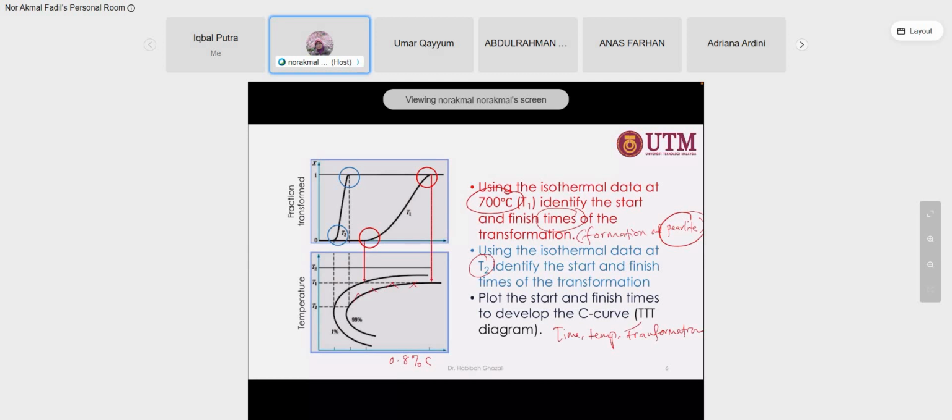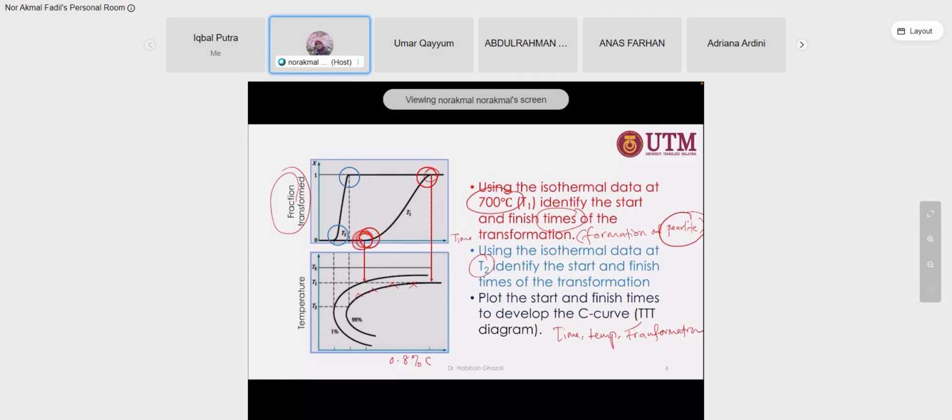So the beginning of transformation, the fraction of transformation, from 0 meaning there's nothing, or maybe 1%, we can say it is the starting point. Let's say it is a formation of pearlite. So the beginning of pearlite, the time. This is the time.